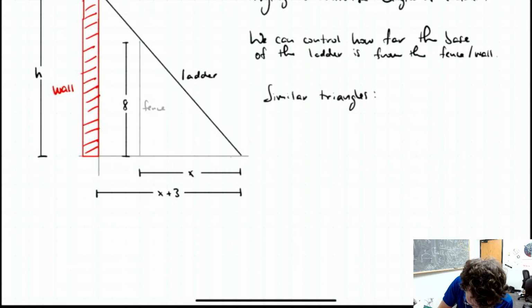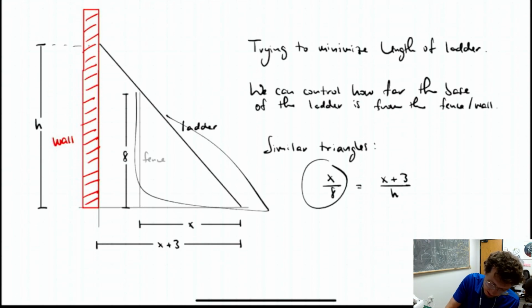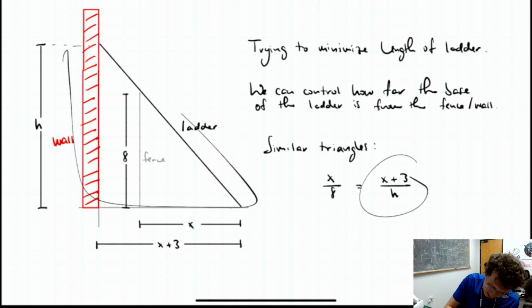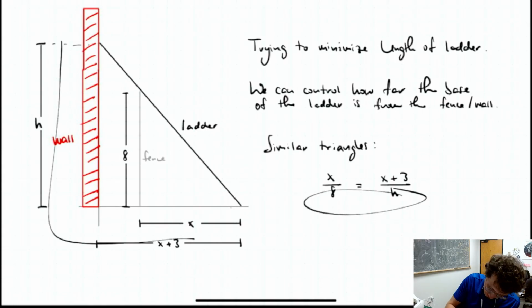I can write down the equation. You know what? I don't want my variables in the numerator, so I'm going to go x over 8 equals x plus 3 over h. Right, so the left-hand side is this triangle. The right-hand side is the big triangle. The numerators are the bases. The denominators are the heights.